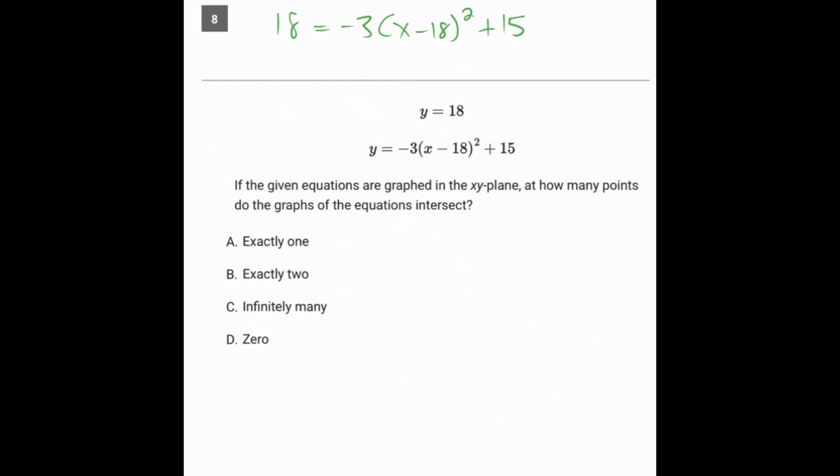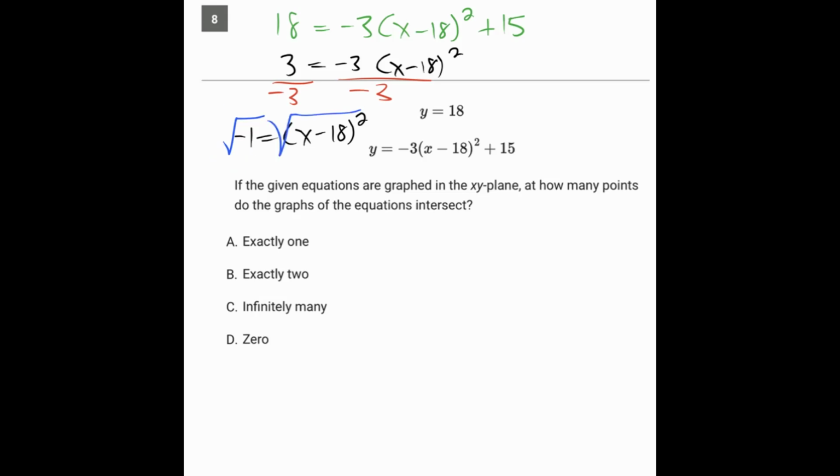From the original starting point, which was setting the two equations equal, let's just pretend we're solving here. We can take away 15 from both sides. Then we can divide both sides by negative 3, and we'll have negative 1 equals (x minus 18) squared. Then we can try to, and I say try to, take the square root of each side.